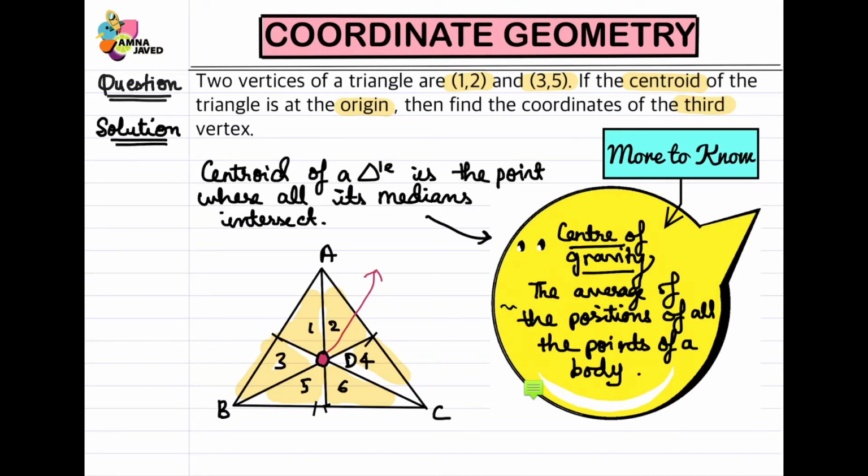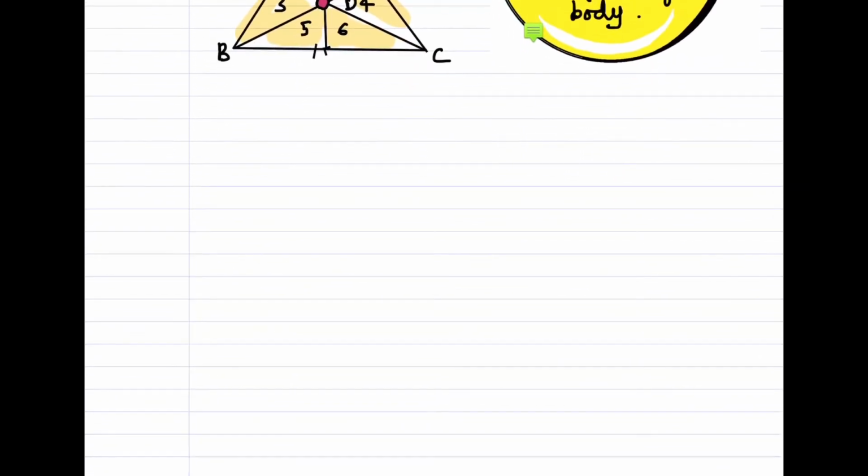The first point was very important because from that we can derive the formula which we are going to use to solve the problem. Let's move on to that formula. Let's say (x1, y1), (x2, y2) and (x3, y3) are the coordinates of the three vertices of the triangle.